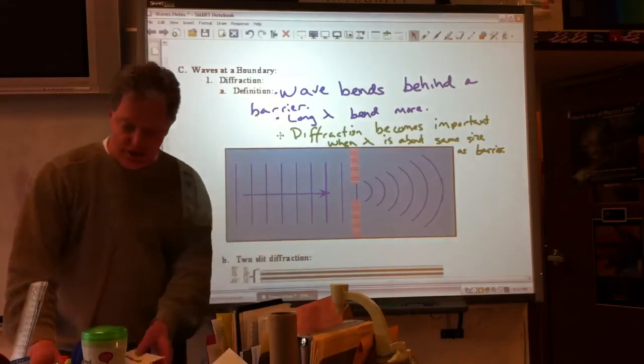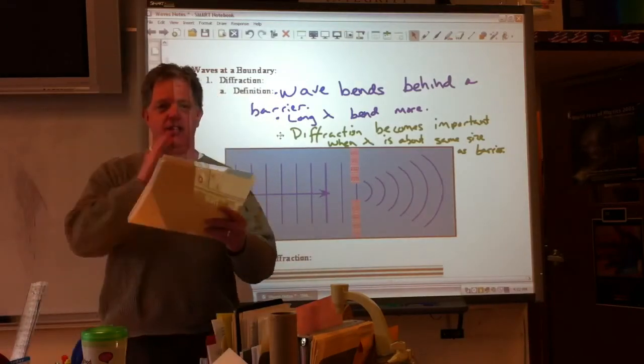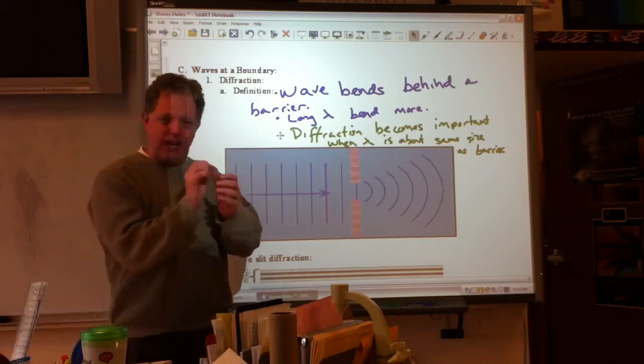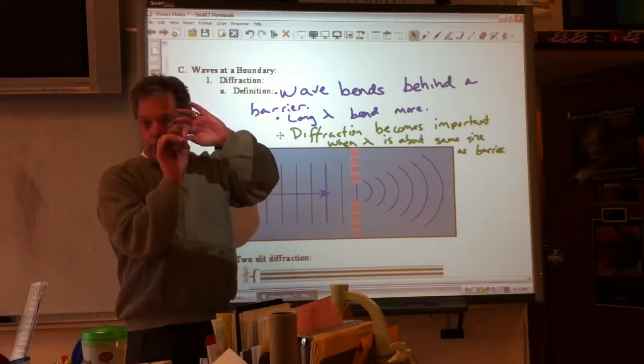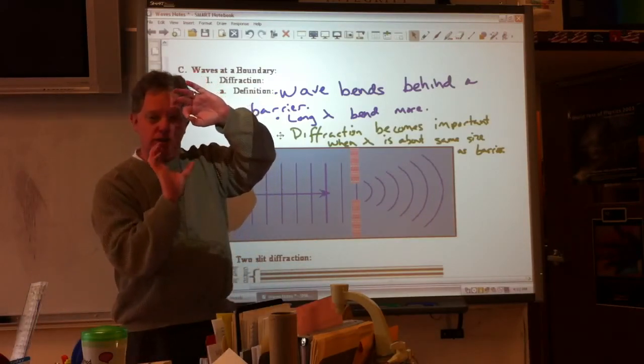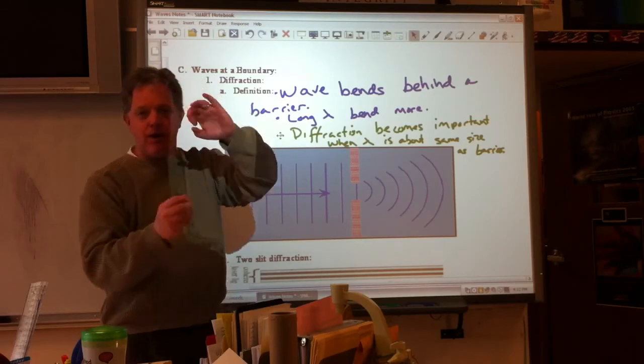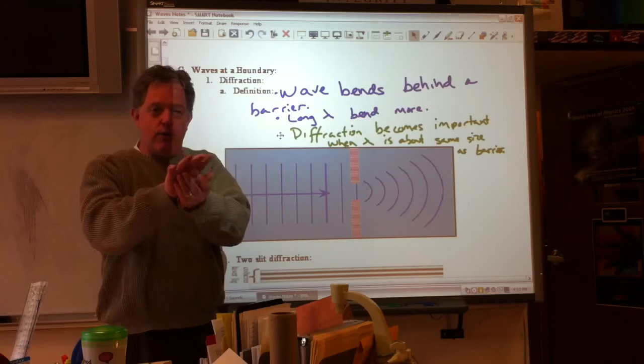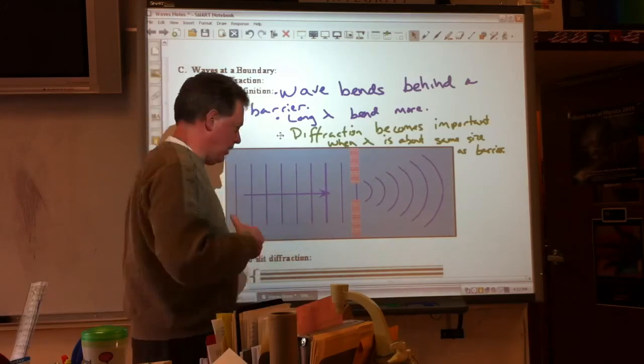So again, the sound waves are roughly the same size as this, so they can bend around. Light waves are way, way smaller. However, if I had a really small barrier like a hair, then the light waves might be able to bend around it. Or if I had a very, very, very narrow slit, light waves can diffract through that. And we're going to see that in a lab that we're going to do.